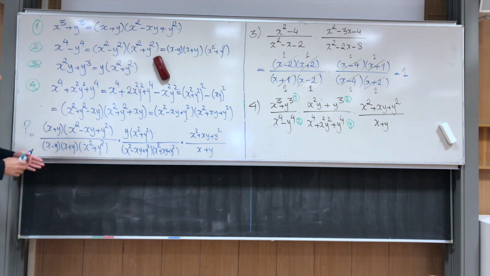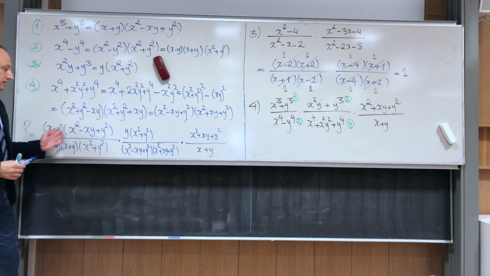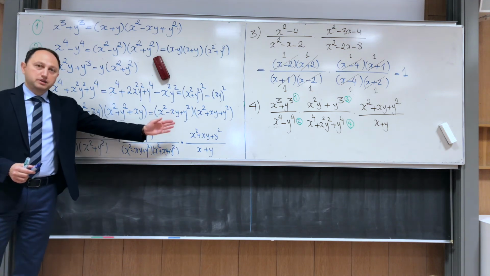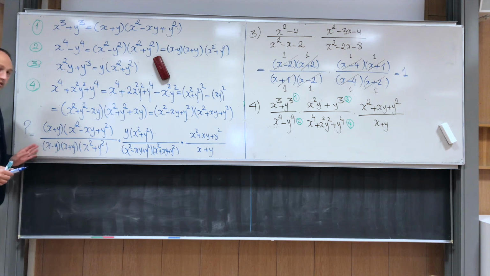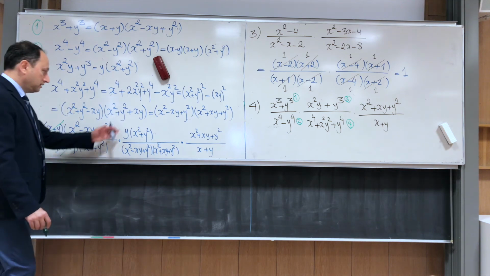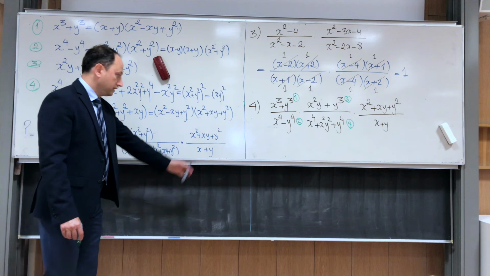Now, again, any factor that appears in the numerator can be simplified by any factor that appears in the denominator, vertically or in crossway manner. So here, for example, this one and that one are gone. Nothing more vertically here.